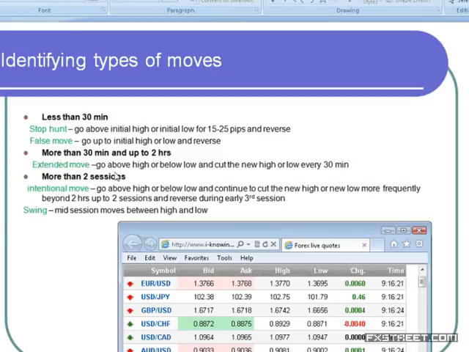In case they stay above the initial high for more than 30 minutes, and if it is a quick upward move, then we wait for 2 hours and see whether it is an extended move. Extended move is the one where they form a new high and stop cutting the new high for 30 minutes, but still hold above the initial high for 2 hours and then start making the drop.